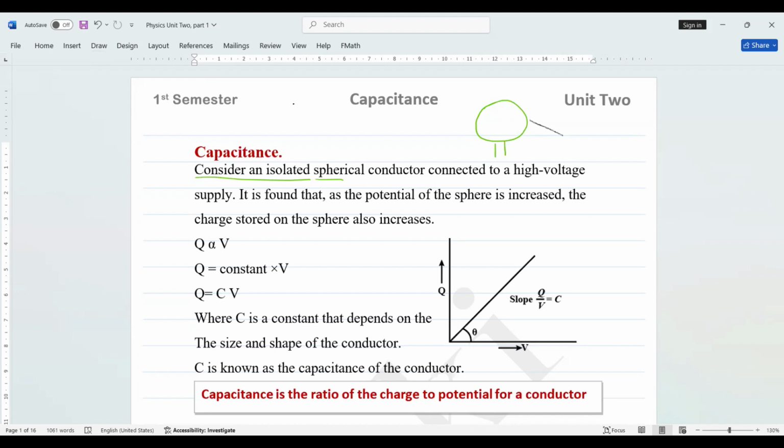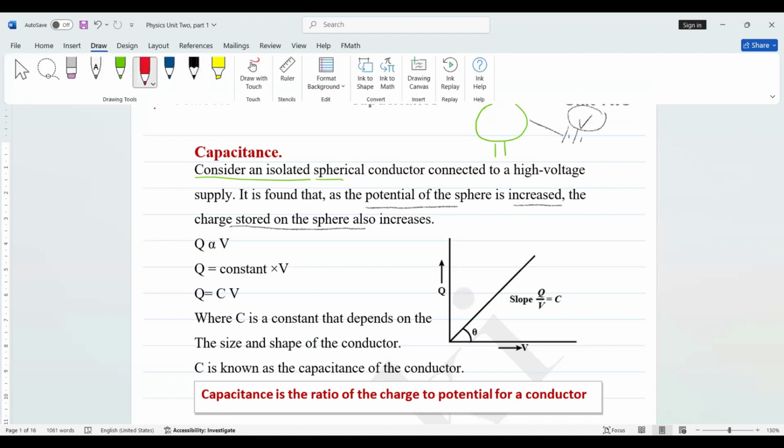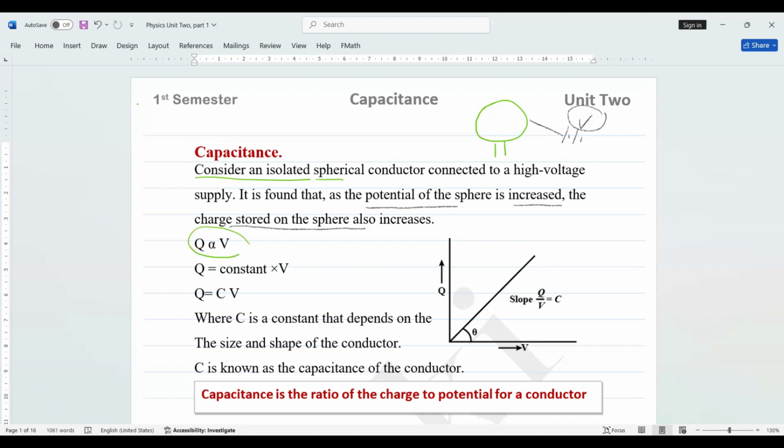then we know that as the potential V of the sphere increases, the charge stored on the sphere also increases. Then we have a direct relation between Q and V. So we write the charge is directly proportional to the potential difference.